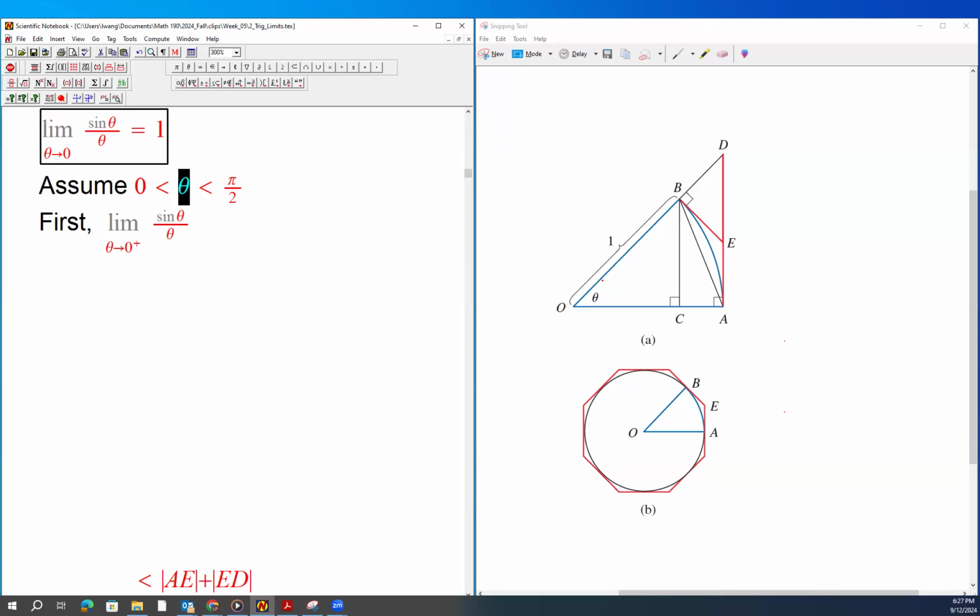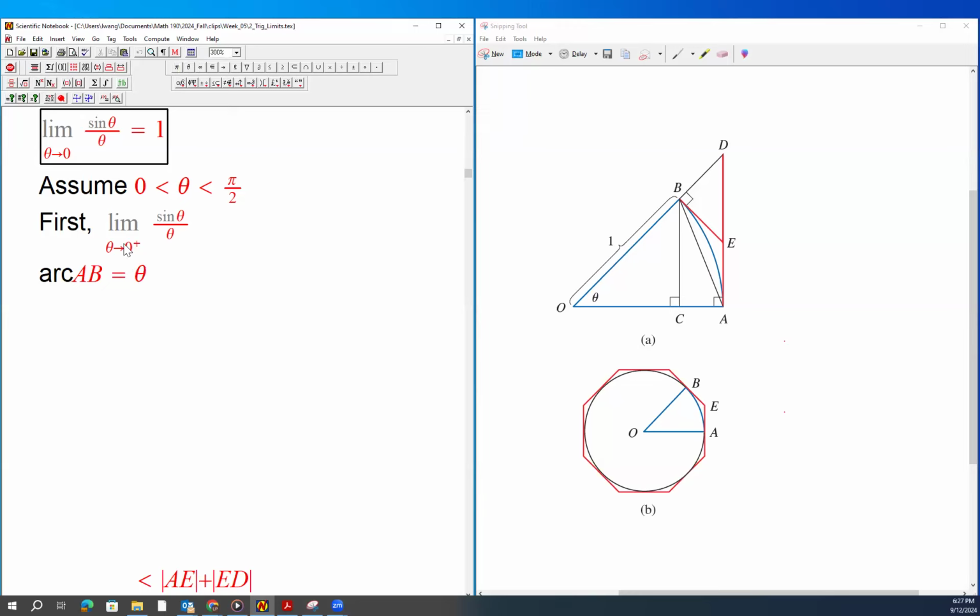By the trig definition on the unit circle, if you look at that red dot, the arc AB is equal to theta.